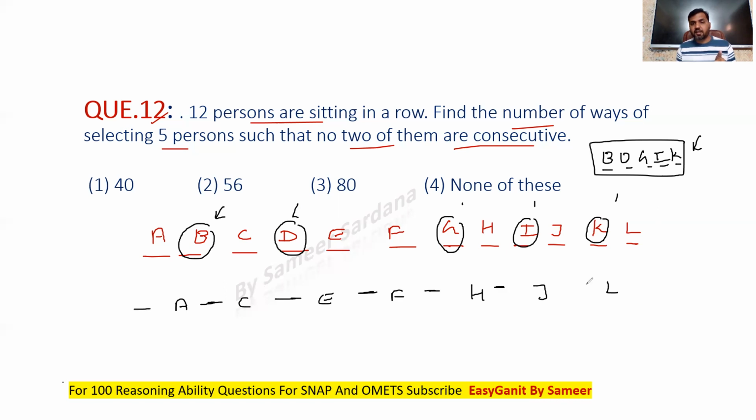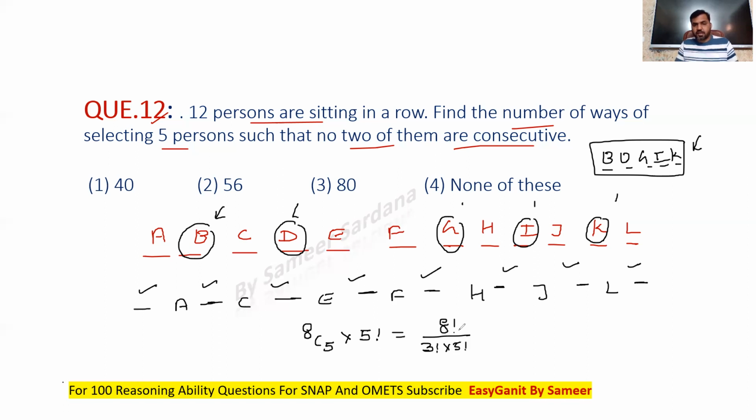How many spaces do I have between these? The total number of spaces: 1, 2, 3, 4, 5, 6, 7, 8. So out of 8, select any 5 spaces and arrange them in how many ways? You can arrange them in 5 factorial ways. So this is 8 factorial by 3 factorial multiplied by 5 factorial, right?